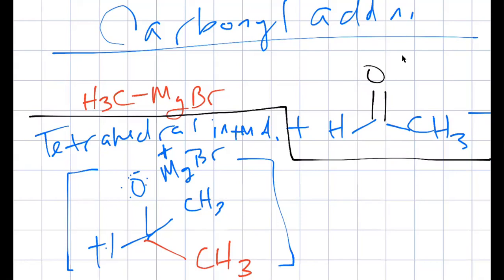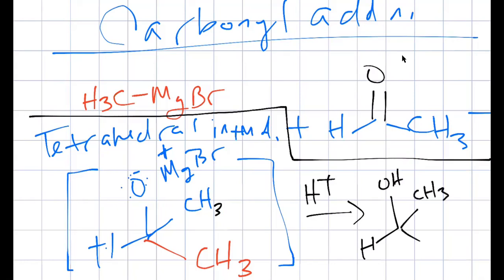So this intermediate, we just quench it. We dump in some acid, and then we get an alcohol out. Is the magnesium bromide attached to the oxygen? Yeah, it's positive, and the oxygen is negative, so they make a salt. Then you have this CH3 here, and I'll change that color back to red to make sure you get the point.